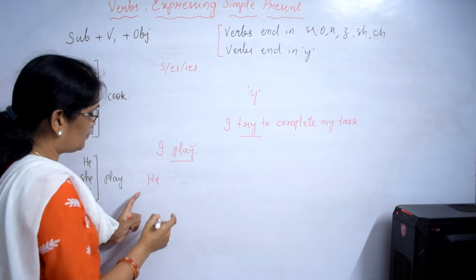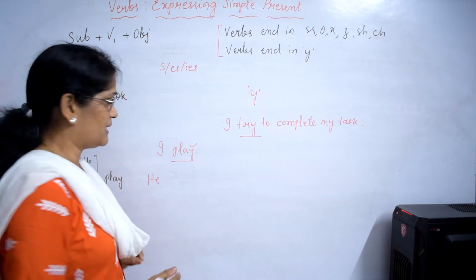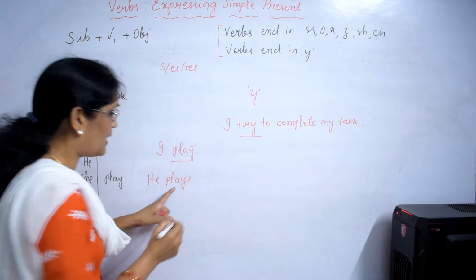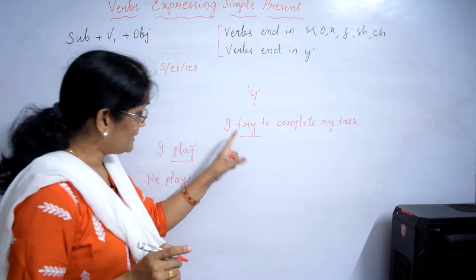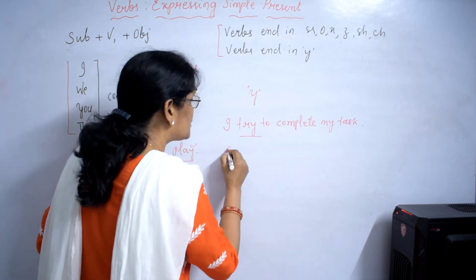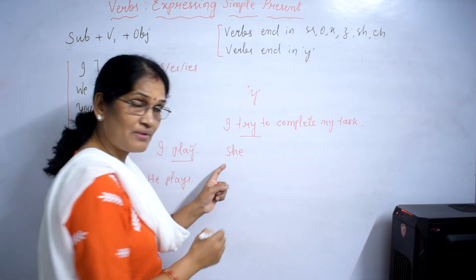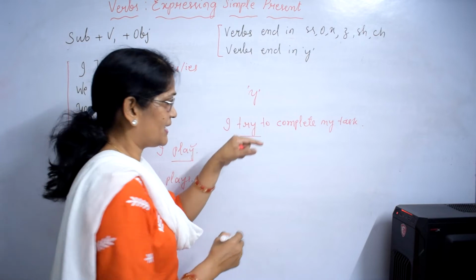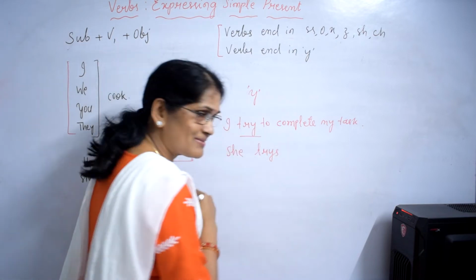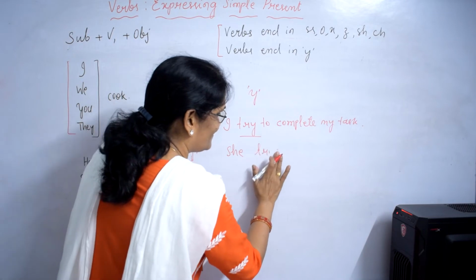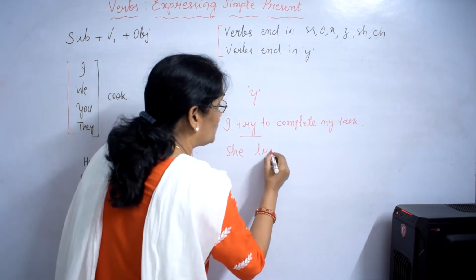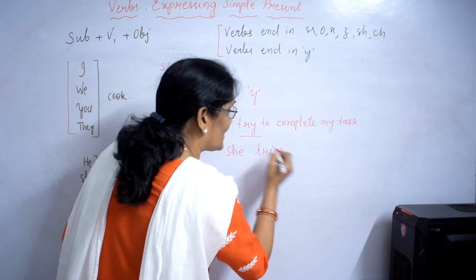I play. When you write a third person singular subject, it will be plays. Only you add s. But in this case, I try to complete my task. She, third person singular number subject, it will be tries. T-R-Y-S, no. The y will be removed and there we add I-E-S.